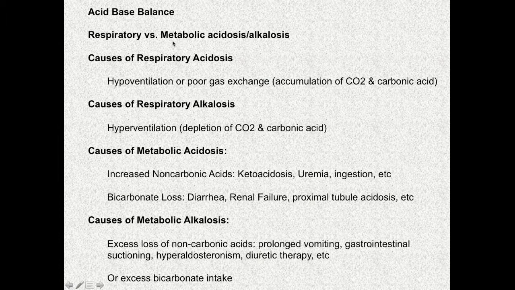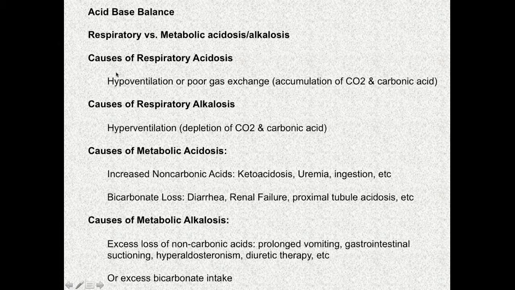Okay? So let's look at some of these things that can lead to these different pH imbalances. The causes of a respiratory acidosis. Respiratory acidosis is going to happen when there's some malfunction in the respiratory system that causes an accumulation of CO2 and carbonic acid.